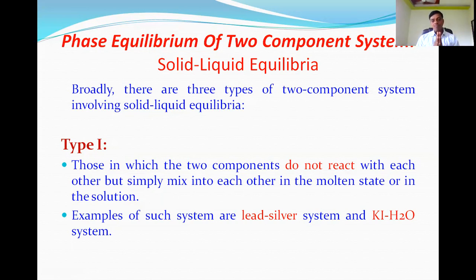Two component system means there must be two independent chemical constituents mixed together. Like silver lead system involves silver phase and lead phase.